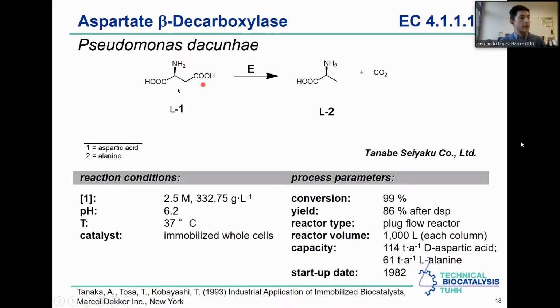As you can see, it is a compound that has 4 carbons, 2 carboxylic acid residues, and a secondary amine. It reacts just by being in contact with the enzyme, and the enzyme cleaves it so that it releases carbon dioxide.